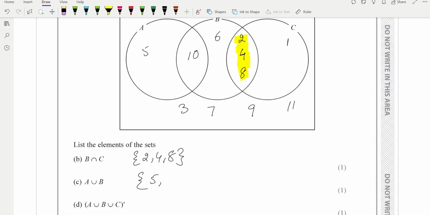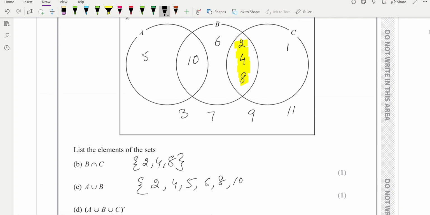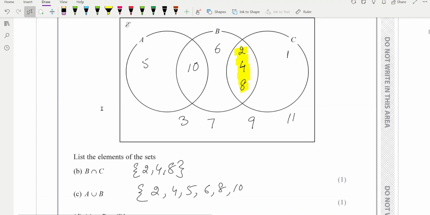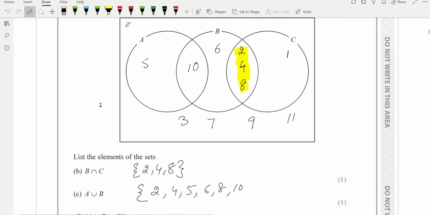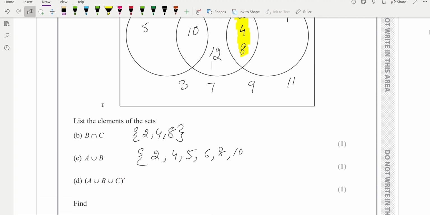If we write in sequence, starting from 2: 2, 4, 5, 6, 8, 10, and we missed 12 in this one. 12 is not a multiple of 8 and not in A or C, so 12 will be only in B. So we include 12. This will be our answer for A union B.